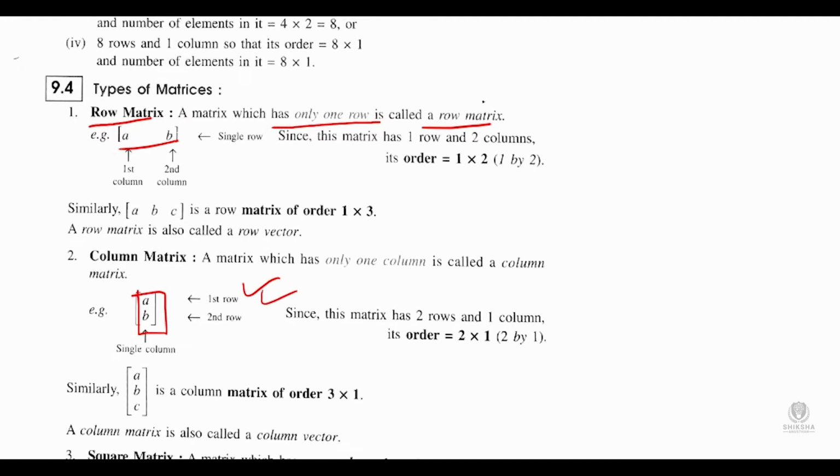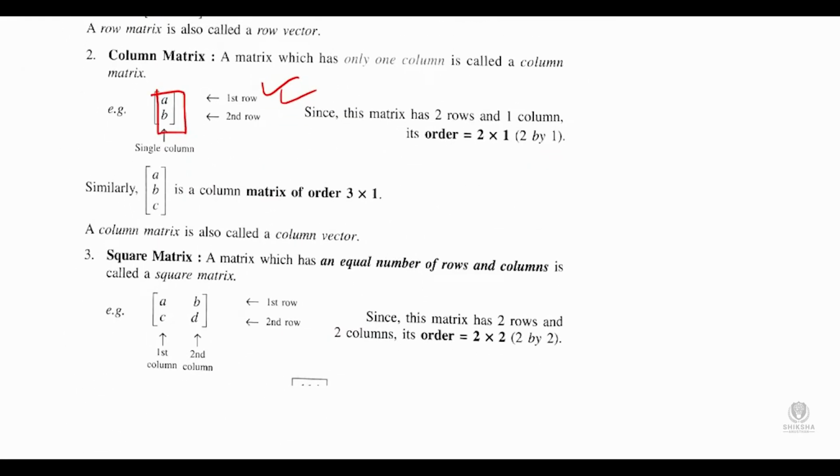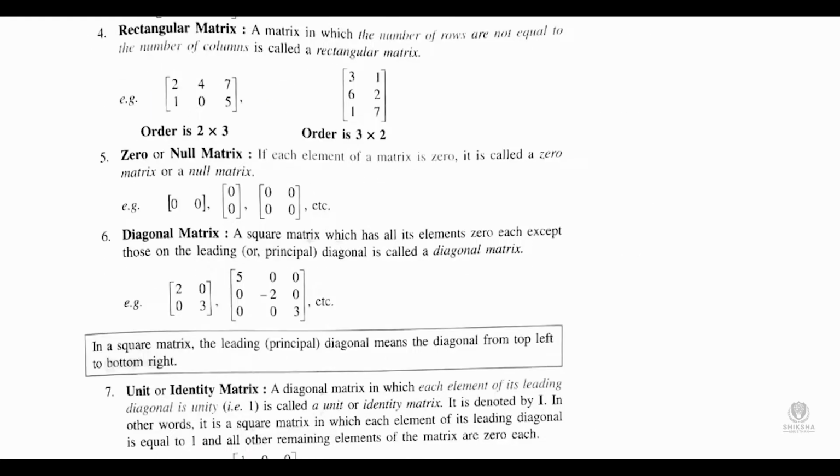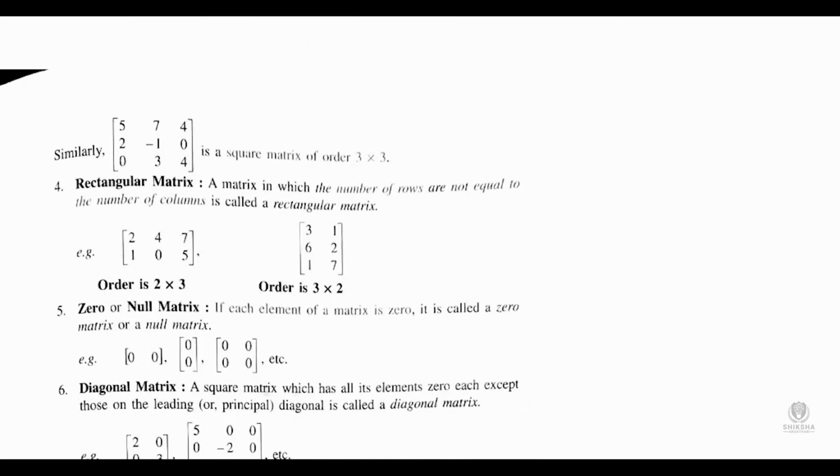And a matrix which has 2 rows and 2 columns, that is, the order is in square form, is called a square matrix, where 2 rows, 2 columns, or 3 rows, 3 columns, and so on. Now, rectangular matrix: if the order is in this form, like 2 into 3 or 3 into 2, where the rows and columns are not equal, then it is called a rectangular matrix.